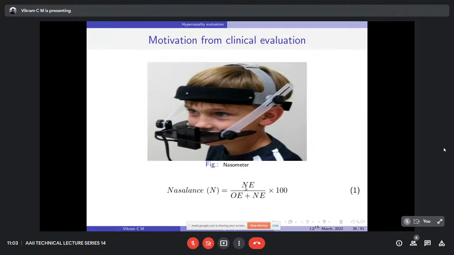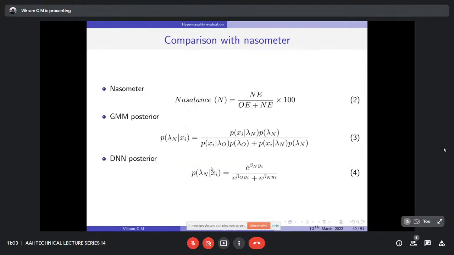Once we calculate the acoustic energy emitted from nose and mouth, we compute a ratio, that is nasal energy divided by oral plus nasal energy. This percentage gives us the nasal score. Instead of a nasometer, we can express the equation in terms of two different posterior probability values. In case of nasalance value, it is a ratio of nasal energy divided by oral plus nasal energy.